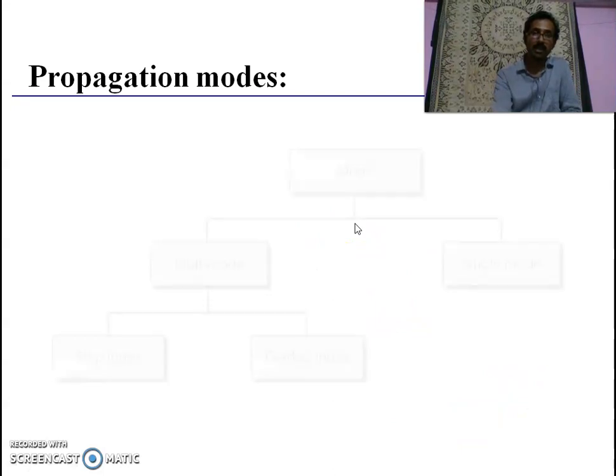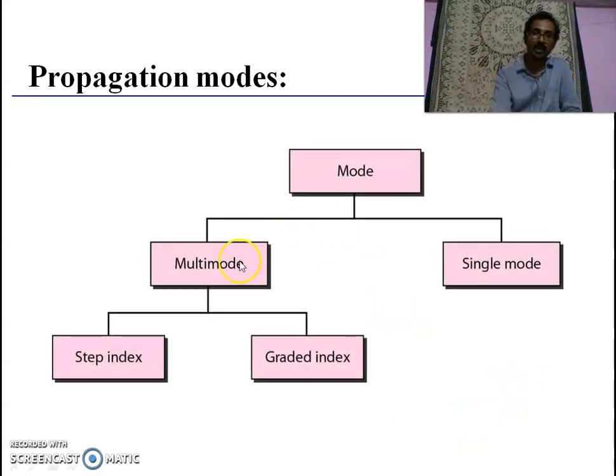We have two propagation modes: multi-mode and single mode. Multi-mode again has two types of propagation: step index and graded index. By using these propagation modes, data is sent from sender to receiver.